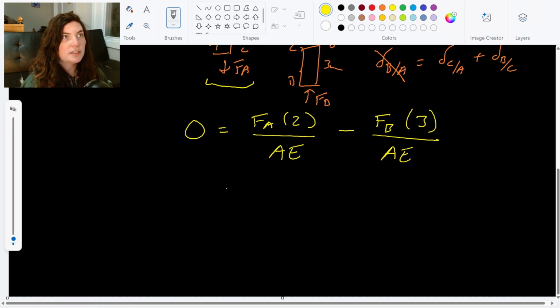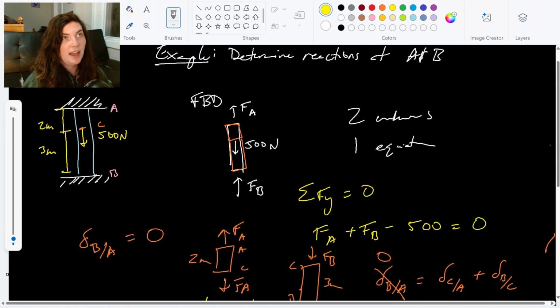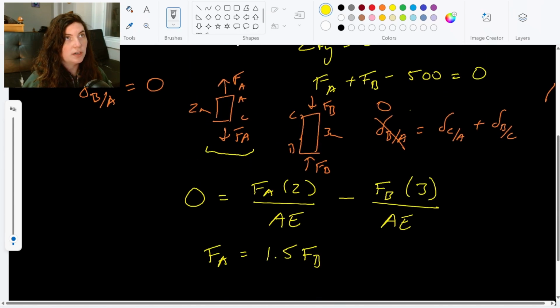So if I simplify this, what I end up with is FA equals 1.5 times FB. And now I have a second equation, right? I have this relationship of FA and FB, and I have my equilibrium equation relationship. So where is he? He's right here.